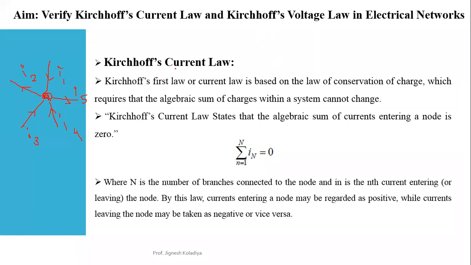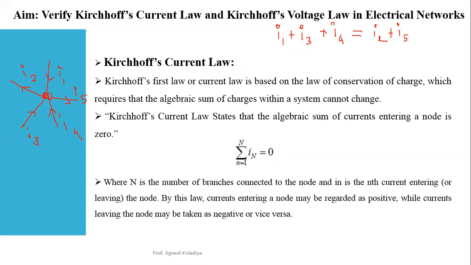So I1 plus I3 plus I4 minus I2 minus I5, and on the other side of the equal sign, I2 plus I5. So it is known as sum of incoming current is equal to sum of outgoing current.